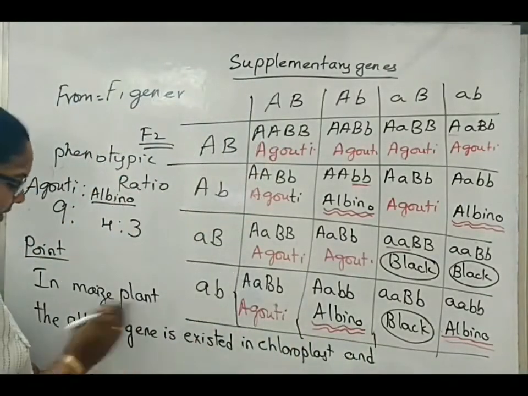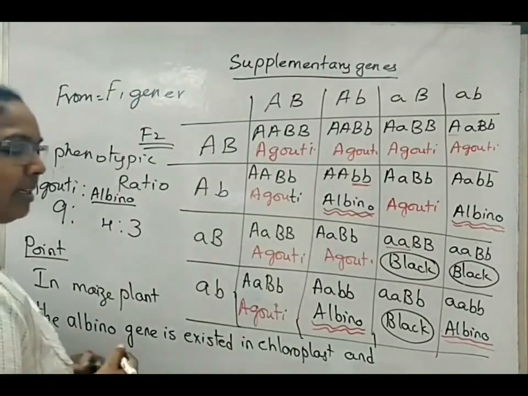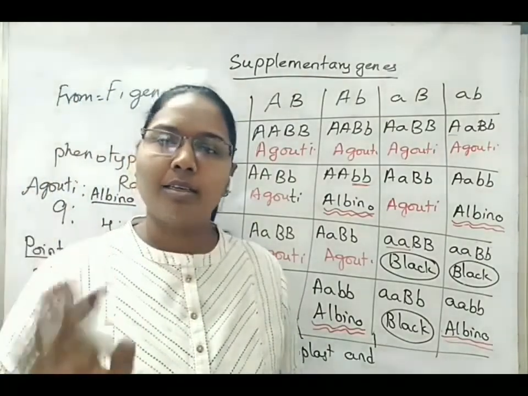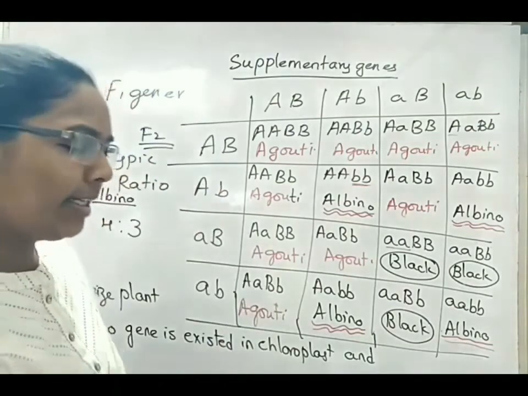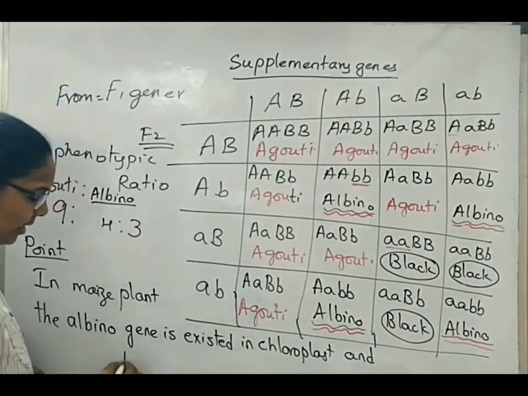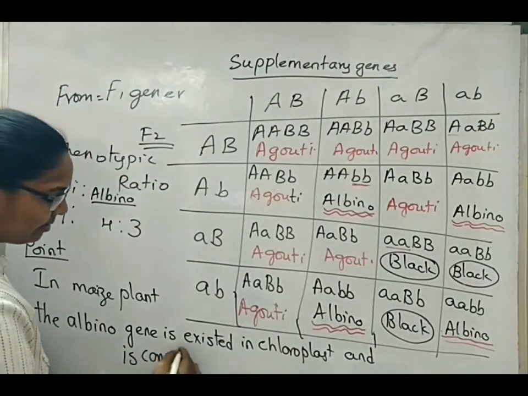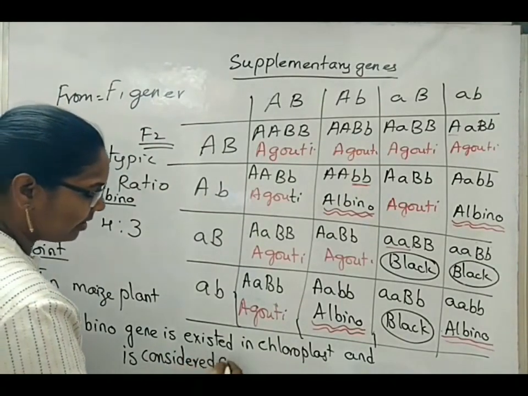Means if such type of albino gene exists in one grain of the maize seed, then that seed will be dead and is considered as lethal.